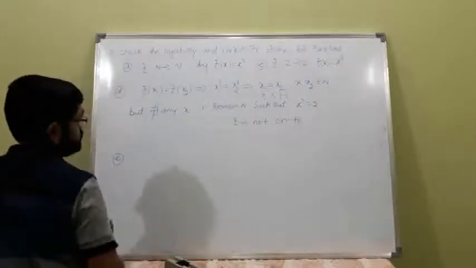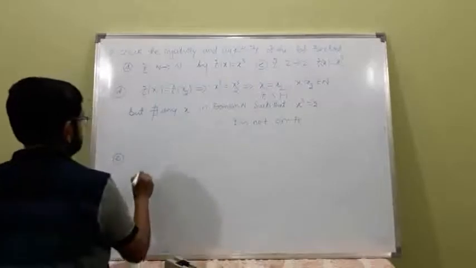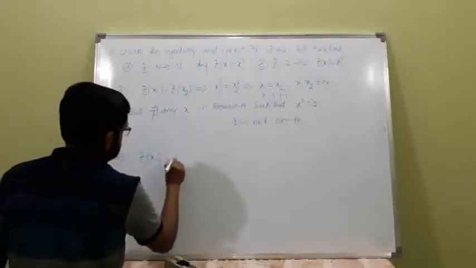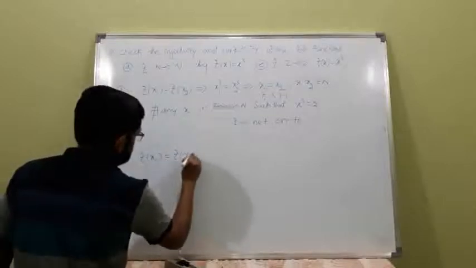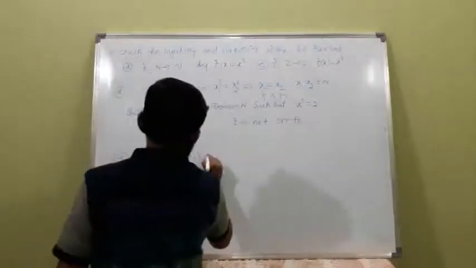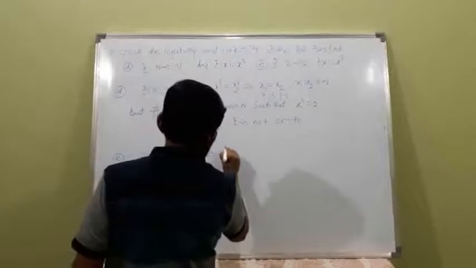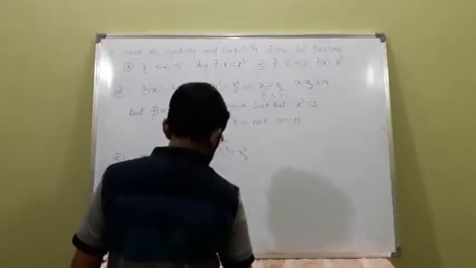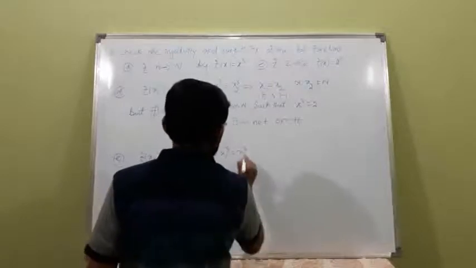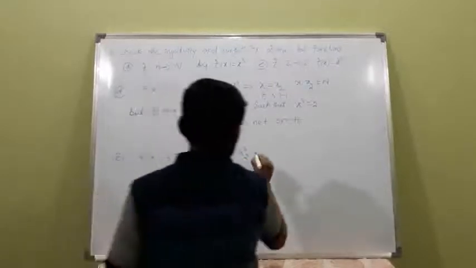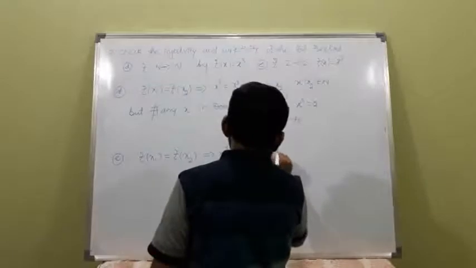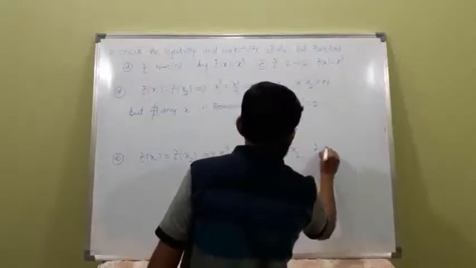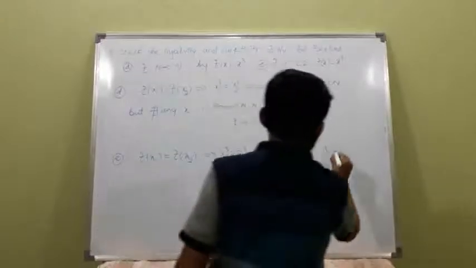f of x1 is equal to f of x2 implies x1 cube = x2 cube. This implies, since cubic function, x1 is equal to x2, therefore f is 1 to 1.